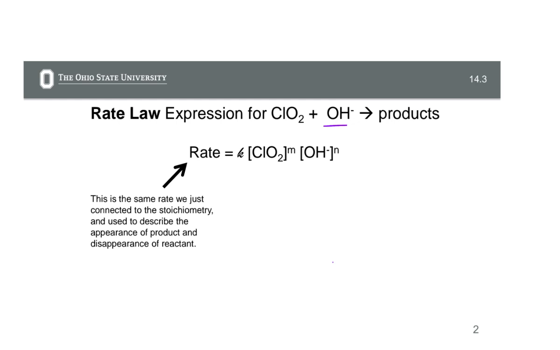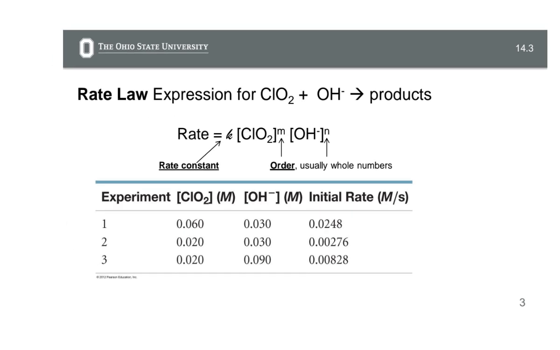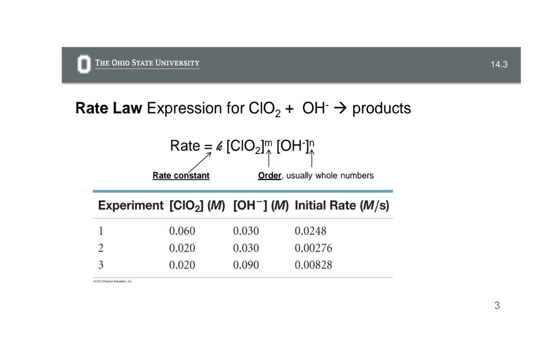So numerically it's the same thing. But now we're just using a different technique to figure out this rate law expression, which is this portion of the equation. Okay, so as I mentioned, we're going to use the method of initial rates.